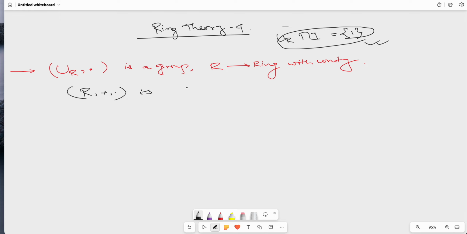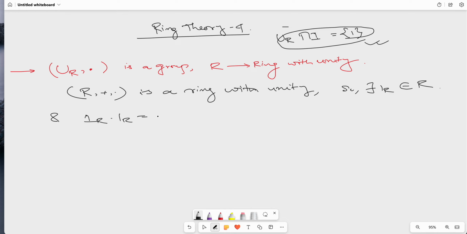My handwriting is very bad, so please pardon me for that. So (R, +, ·) is a ring with unity, which implies there exists a 1_R inside the ring R, and 1_R · 1_R equals 1_R.